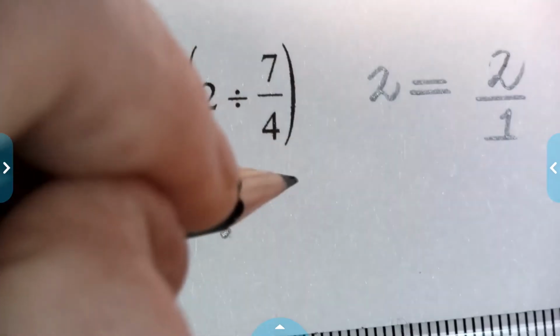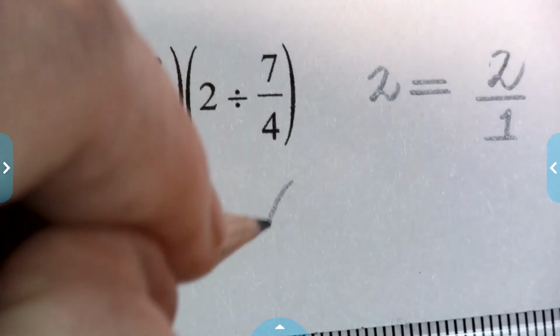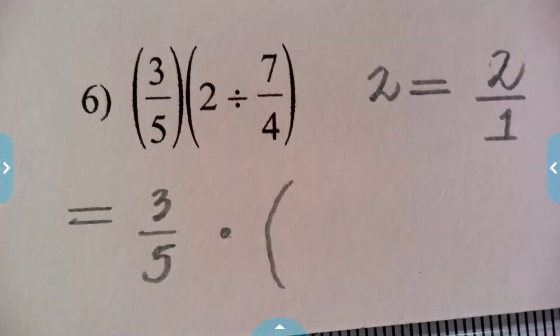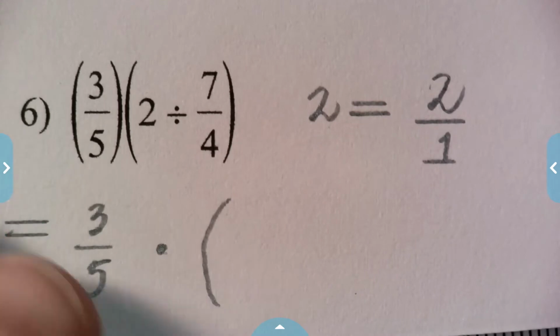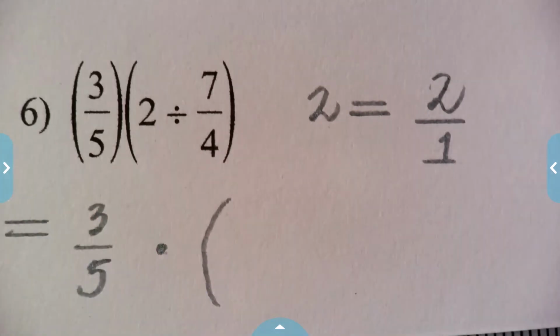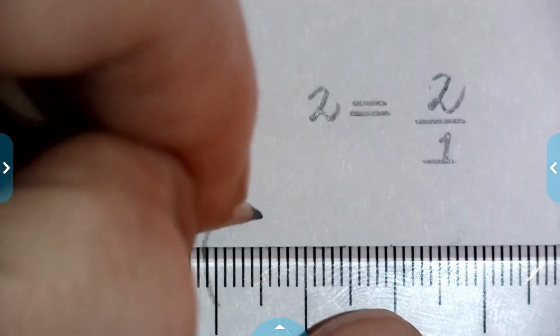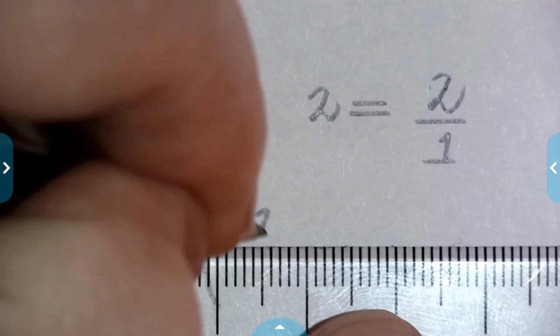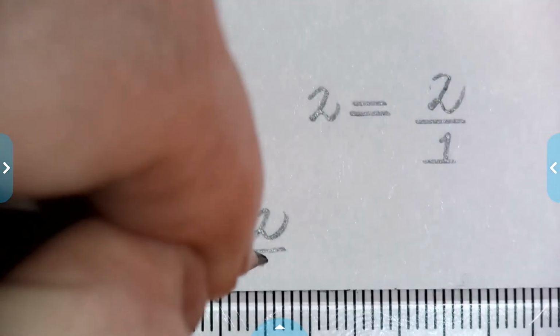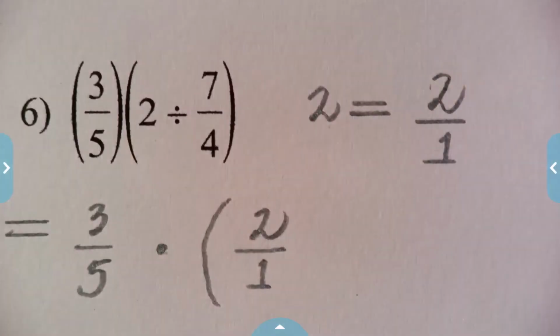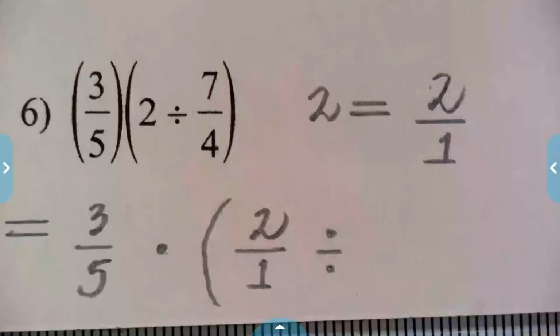And then in parentheses, notice how I'm adding a little space. Just give yourself some space. I'll put 2 over 1. And then we're dividing by 7/4. 7 over 4.